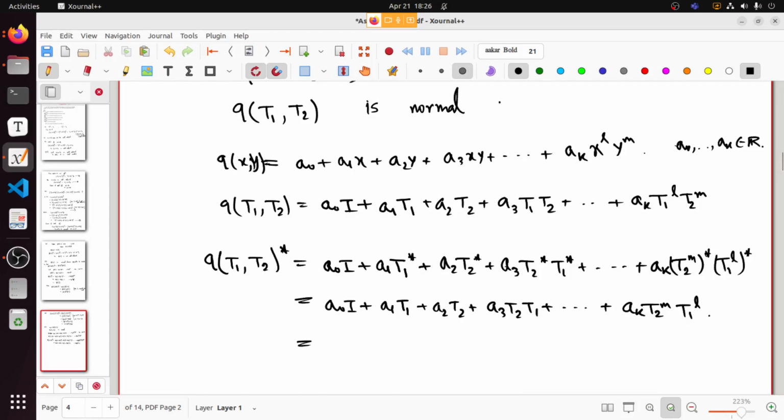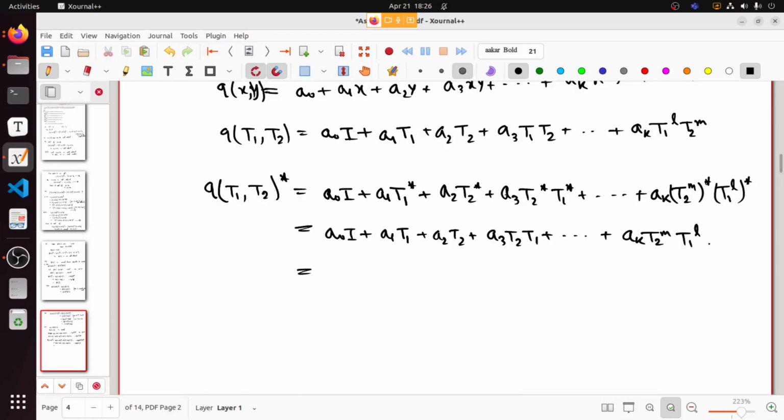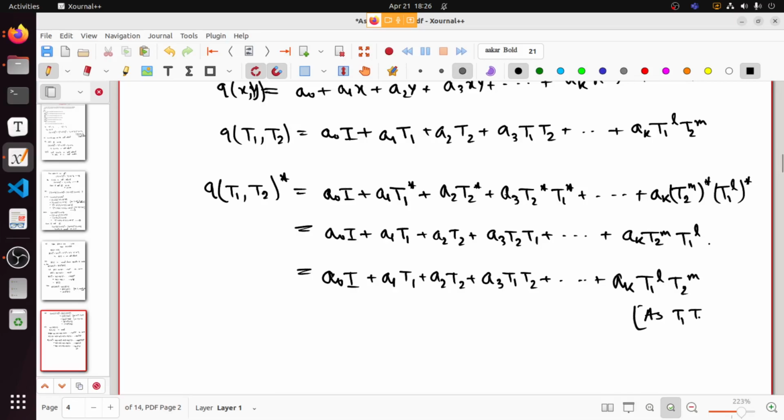And now they commute, so using commutativity you get a0 I plus a1 T1 plus a2 T2 plus a3 T1 T2, and ak T1 to the power l T2 to the power m, as T1 T2 equals T2 T1, right? So basically we get the same polynomial, q of T1 T2.